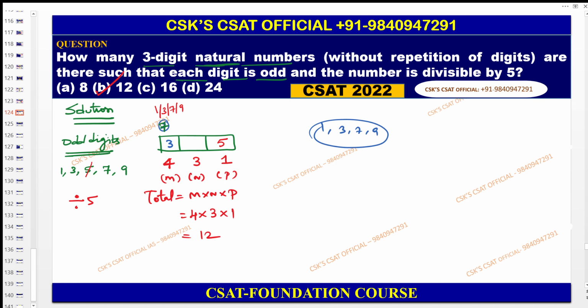Therefore, without repetition means it can't be repeated in the 10th place. So eliminate it. To fill the 10th place, how many ways are there? 3, sir. It can be 1 or 7 or 9, since you mentioned 3. Getting? Yes, sir. Okay, sir.